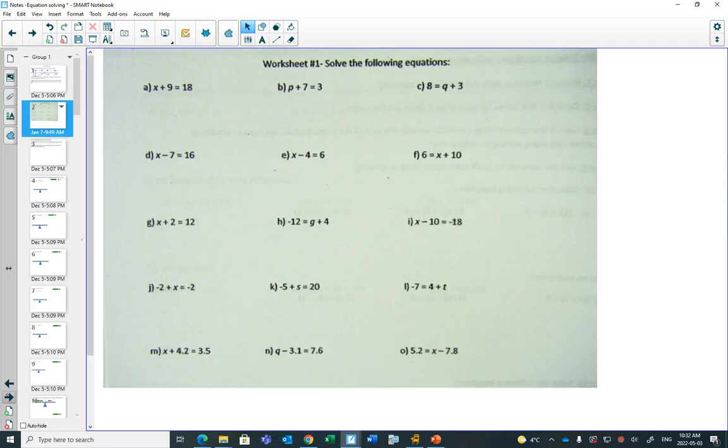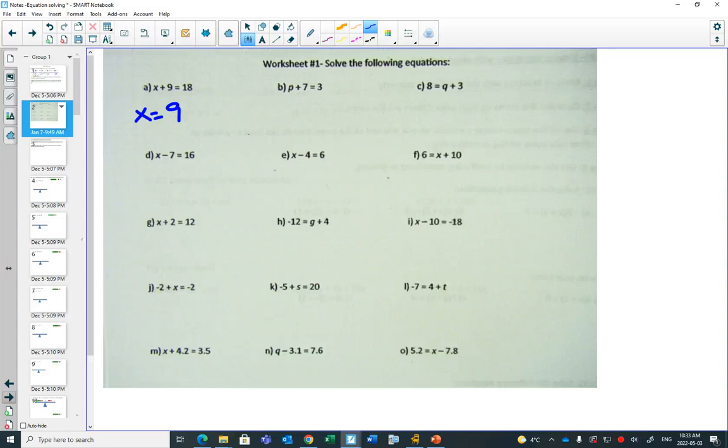Like something plus 9 equals 18. You might be able to just look at it and say, I know the answer is 9. Okay? We're going to learn techniques for these, and the techniques for these will be what you do to one side of the equation, you do to the other side. We talked about undoing BEDMAS and looking for like terms.